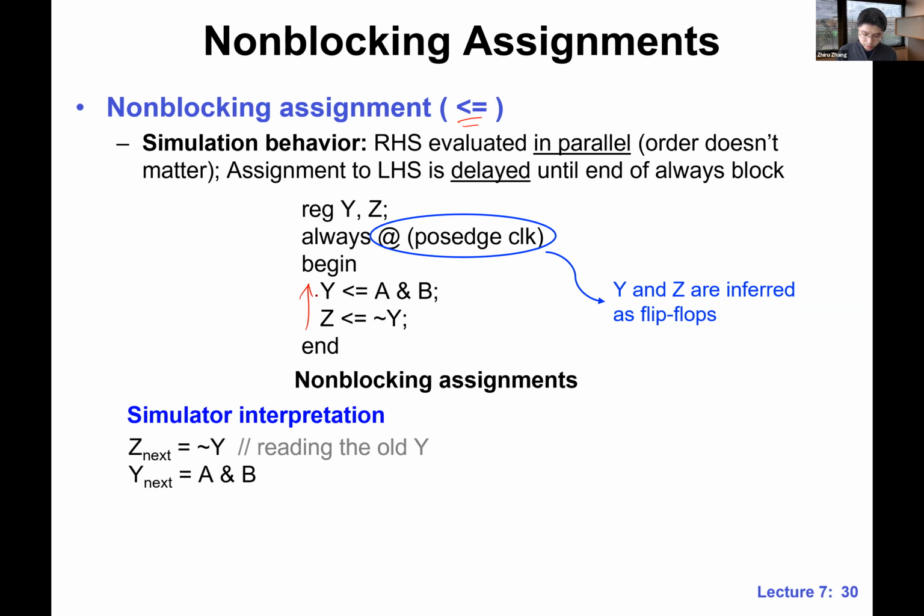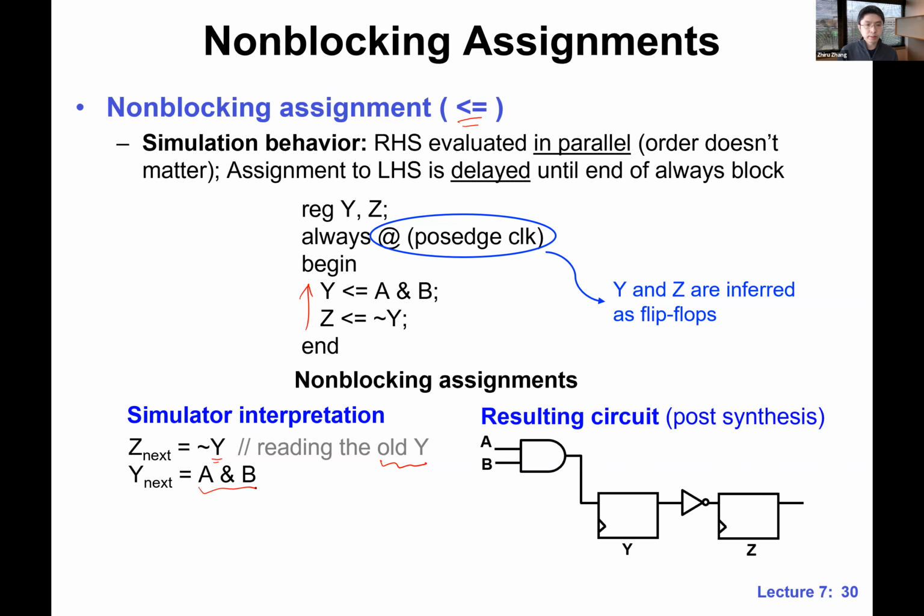Basically, when we assign to Z, we actually use the old Y, because we delayed the assignment to Y until the end of the always block. So the assignment is not immediate, and Z does not get the latest Y. Of course, Y is still A and B. And this is the resulting circuit.